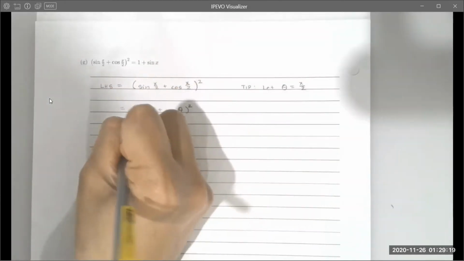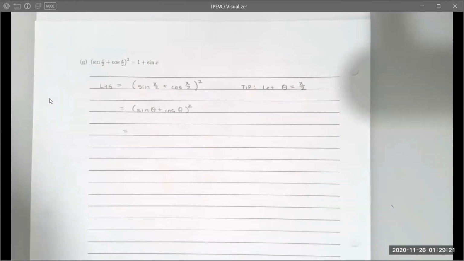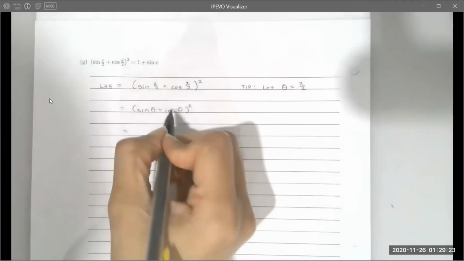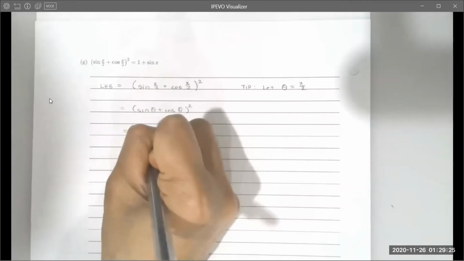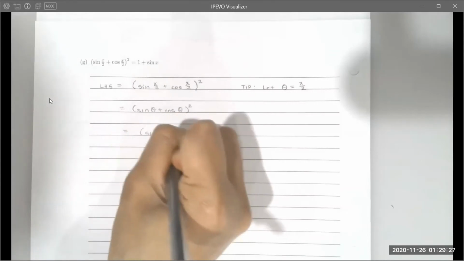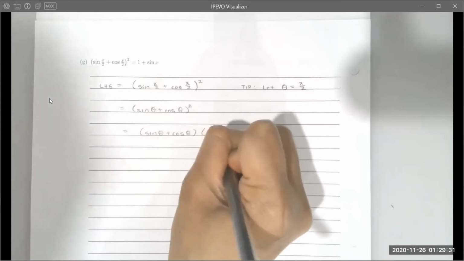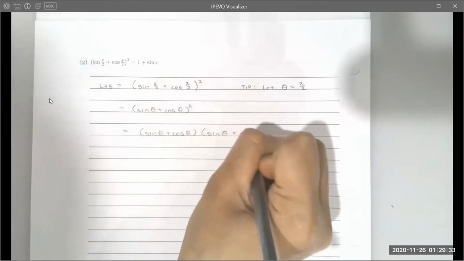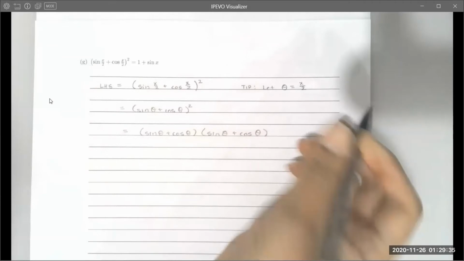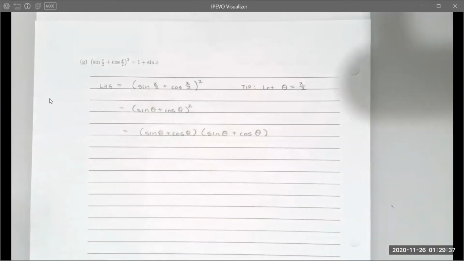And now that it's written in that form, I can think about it as, okay, if I have two terms squared, that simply means the two terms multiplied with itself. And if I have it multiplied with itself, then what's the next natural thing to do after that?